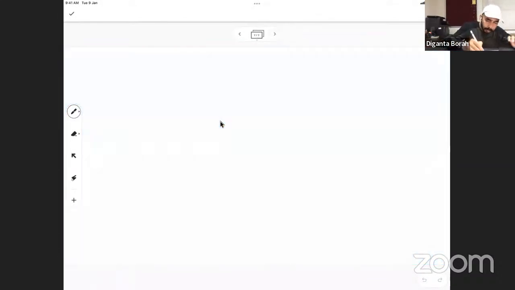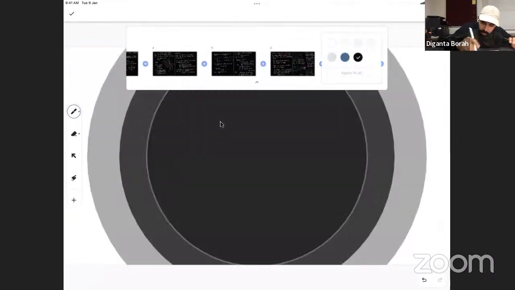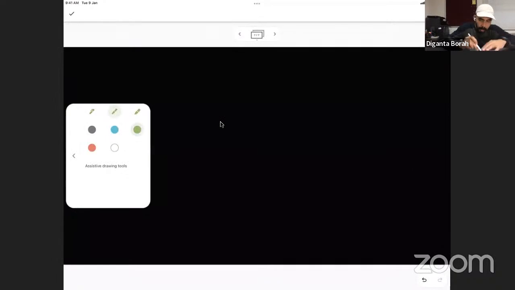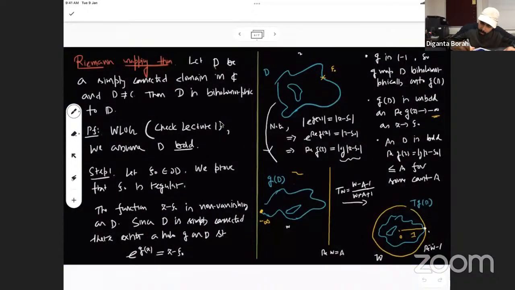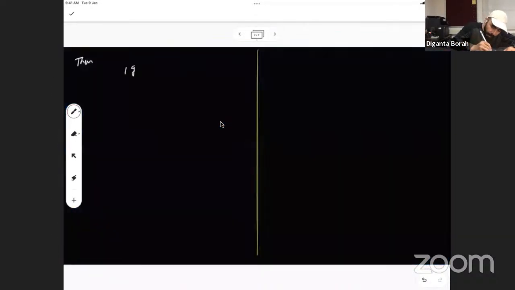So let me write it down. First I applied G, and then the maps involved were G and then this Mobius transformation T. So you have to look at the real part of T of Z minus 1, which is a barrier at zeta naught.